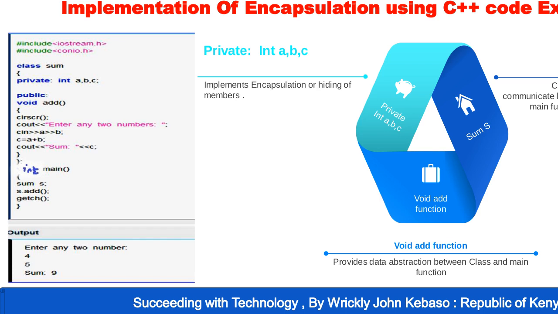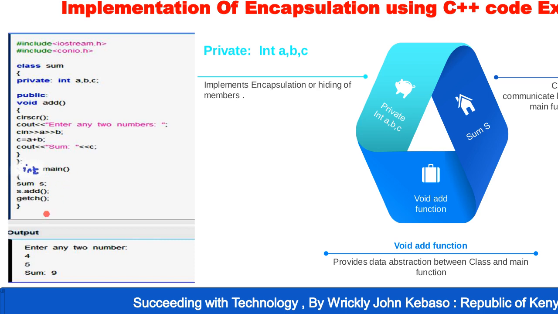Richard is asking that in other programs you have been seeing the main function coming up at the top, and for this one, the main function is coming downwards. He's wondering what's happening here, and yet this is our main function.